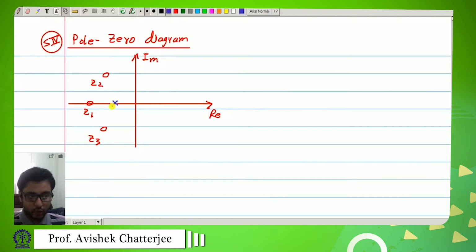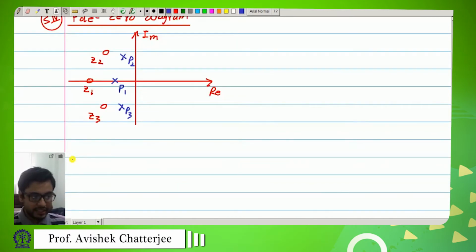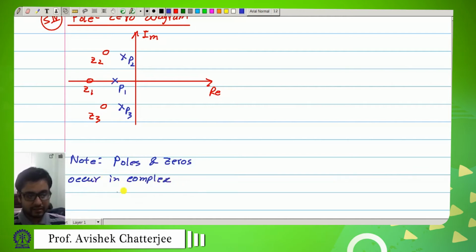Maybe this is one pole P1, maybe another pole is here P2, another is here P3, etc. Now, one important thing to note is this: poles and zeros occur in complex conjugate pairs.